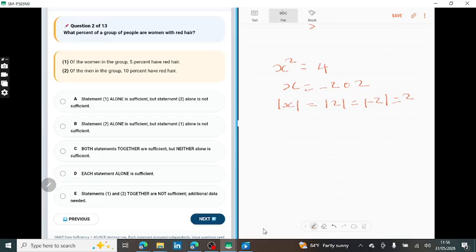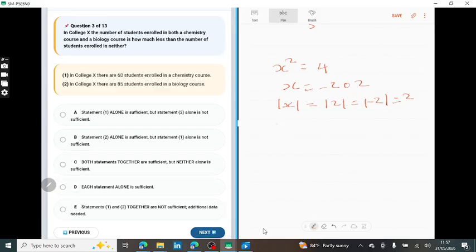But we are looking for women. When combined together, it's still not sufficient, but it would have been sufficient, assuming the question statement 2 states that 10% of the group are men, but that's not what it said. So we select E.